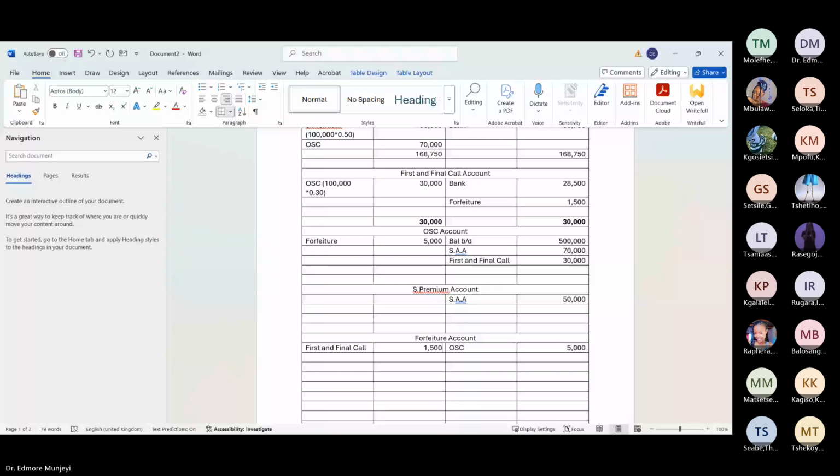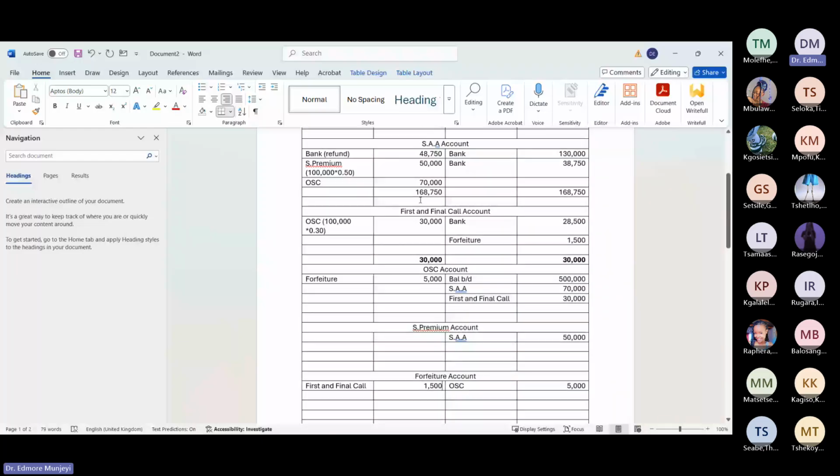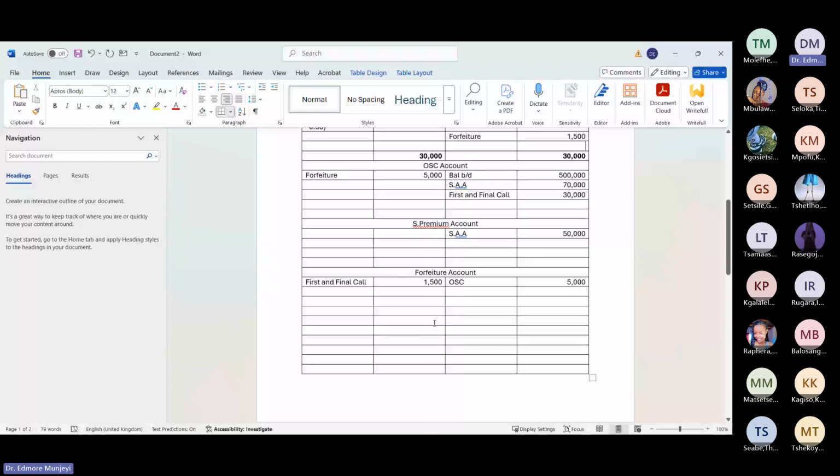Now we have information that there was someone who paid for those forfeited shares, who is called Ember. We are going to Ember's account.